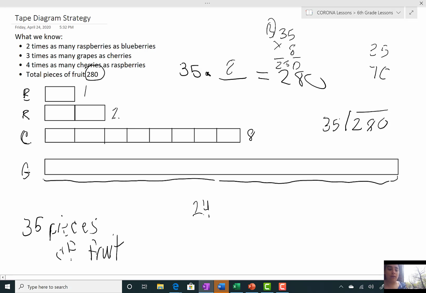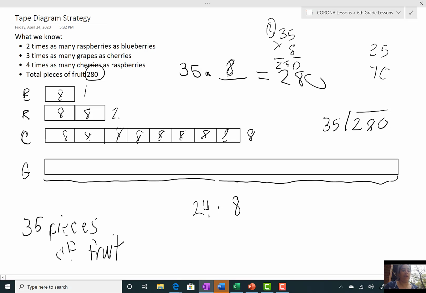So now, if we know it's going to be 8 times, which is the blank here, we know that 8 can go in all of these boxes. 8, 8, 8, 8, 8, 8, 8, 8, 8, 8, 8. And here I can do 24 times 8 because I made 24 boxes.